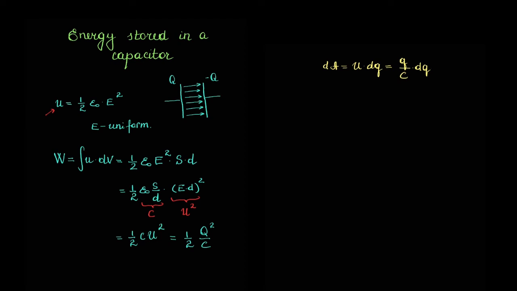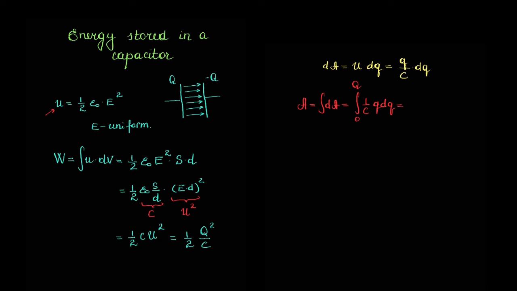Now, if you want to find the total work to charge this capacitor to a charge Q, then we need to just integrate it. So A equals the integral of dA, which is just the integral where the charge goes from 0. So initially the charge was 0, right? It goes to the maximum charge, which is Q, and under the integration there is 1 over C q dq.